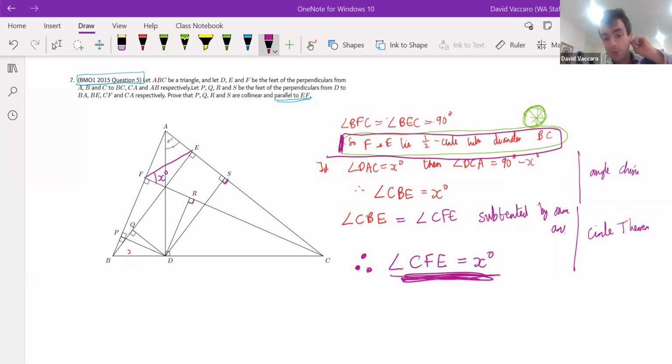More semicircles. Circles, excellent. So with this right angled triangle, DRC, and this right angled triangle, DSC, I can draw a semicircle.